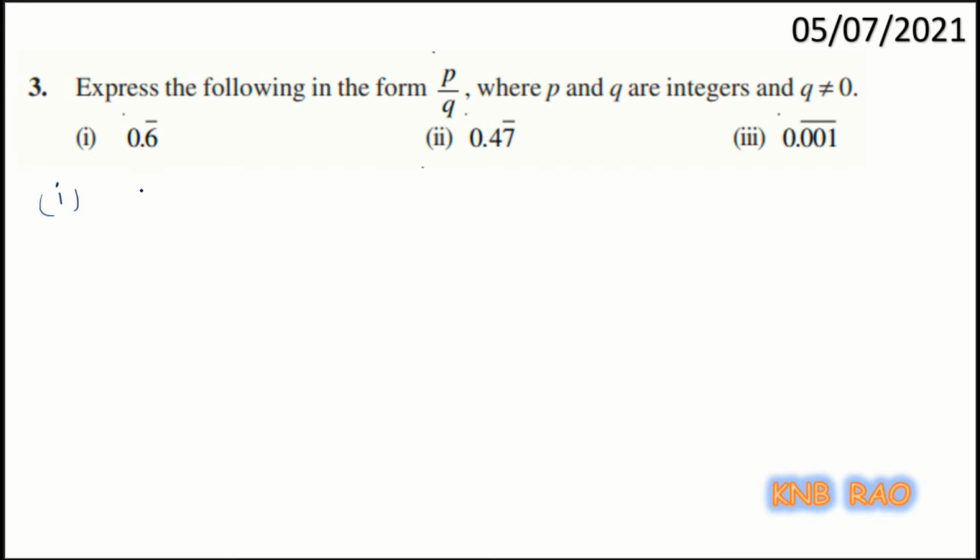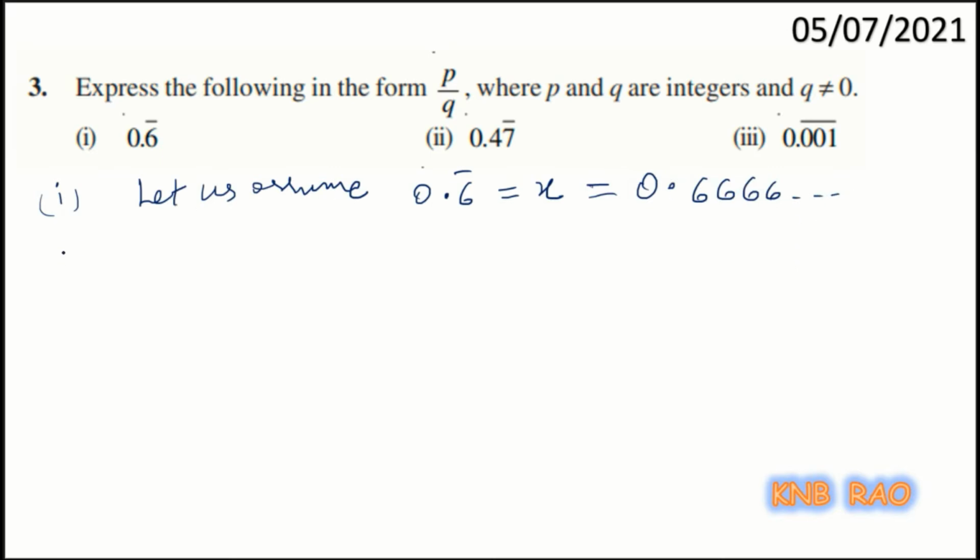Now, 0.6 bar, let us assume, as x. That means 0.666 and so on. Here we learn two important words: period and periodicity.